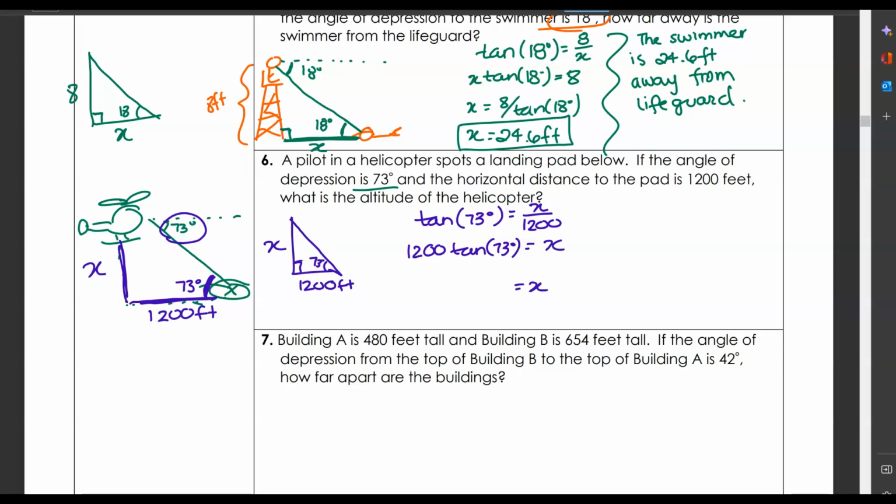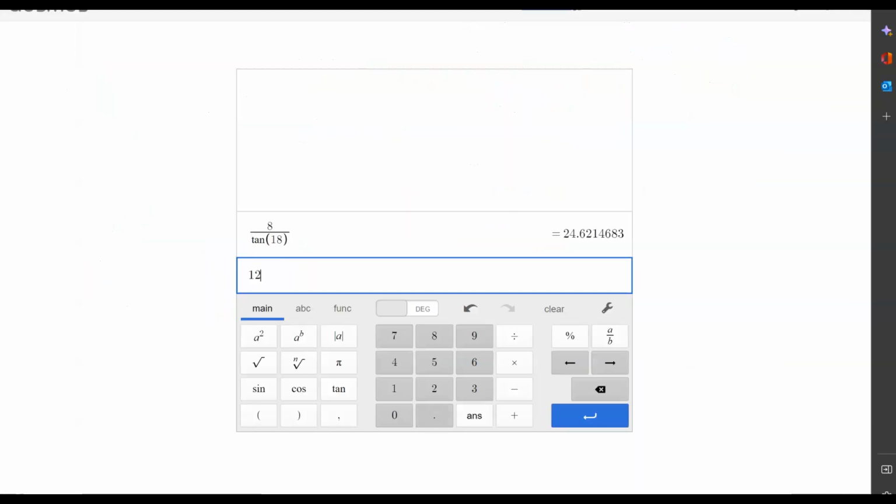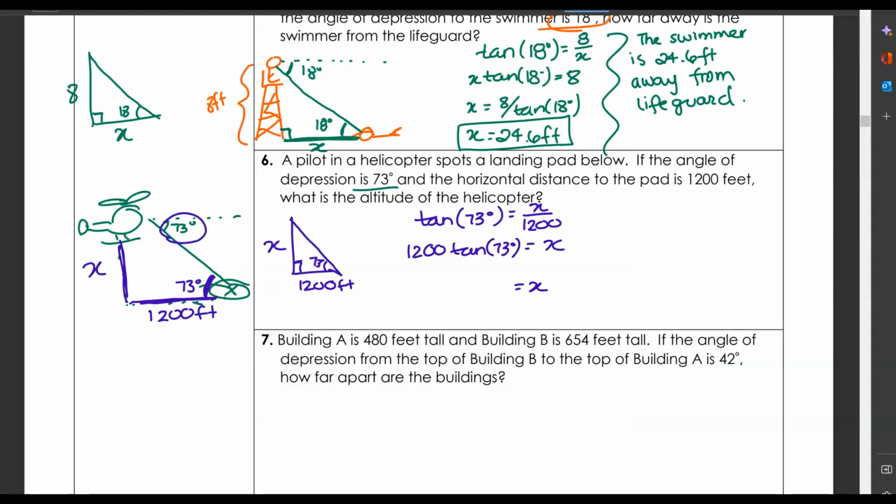So therefore our x value, now let's come back over here to the calculator. So I have 1,200, we're going to multiply that by the tangent of 73 degrees. It was 73 degrees, so we get 3,925.02. So let's round that to the nearest tenth.